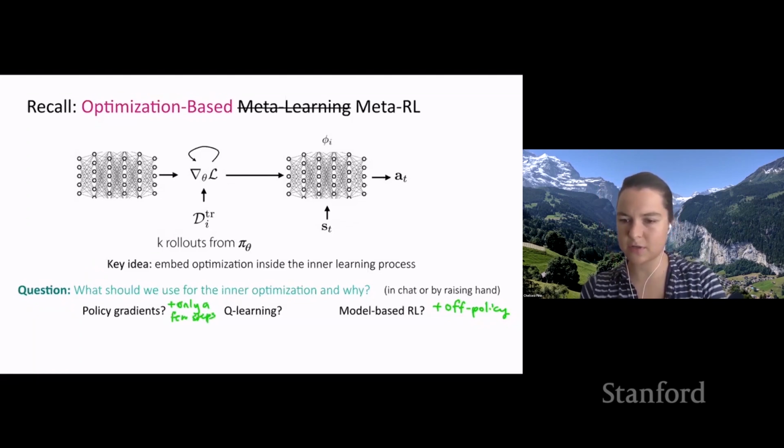Someone suggests Q-learning could work for large state spaces. And someone suggests model-based because it takes into account change in the transition probabilities. Cool, so these are some good thoughts.